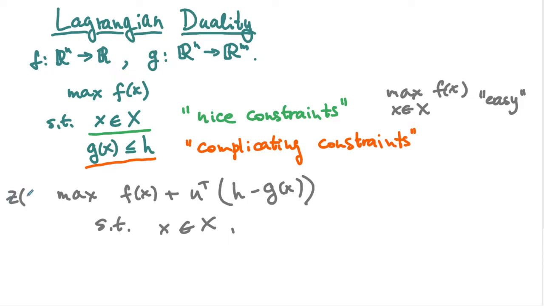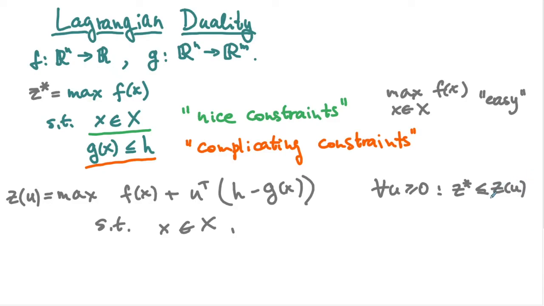So we solve this problem for every non-negative u, and let's denote the optimal objective value by z of u. Okay, so then if we denote the optimal objective value of the original problem by z star, then we have the following relation. For any u that's non-negative, we will have an upper bound on z star. So z star is going to be less than or equal to z of u.